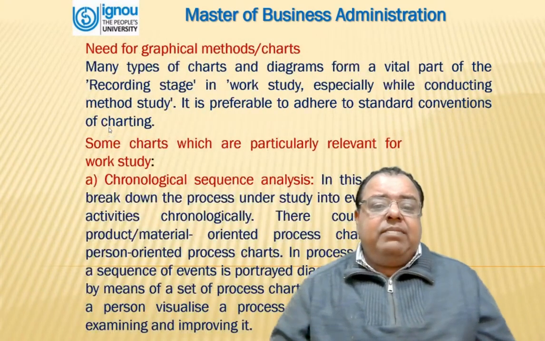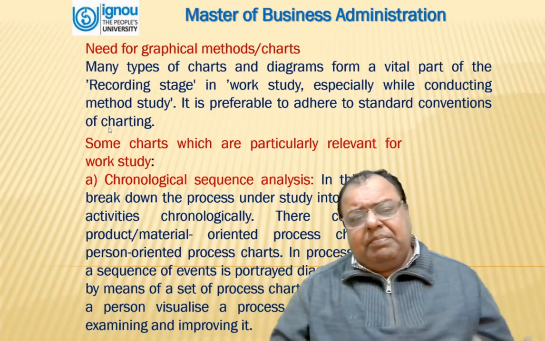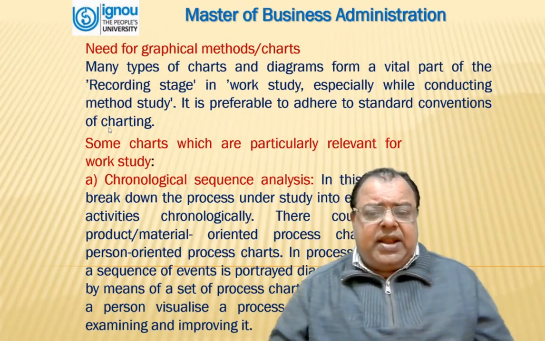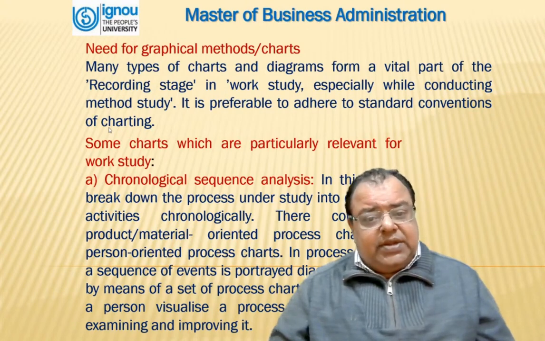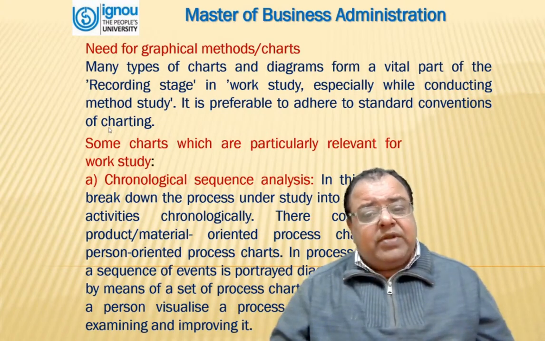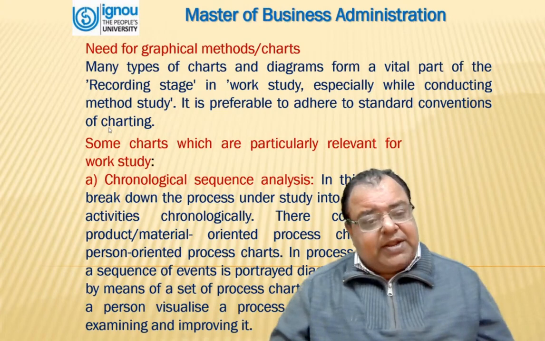Need for graphical methods and charts. Many types of charts and diagrams form a vital part of the recording stage in work study, especially while conducting method study. It is preferable to adhere to standard conventions of charting.